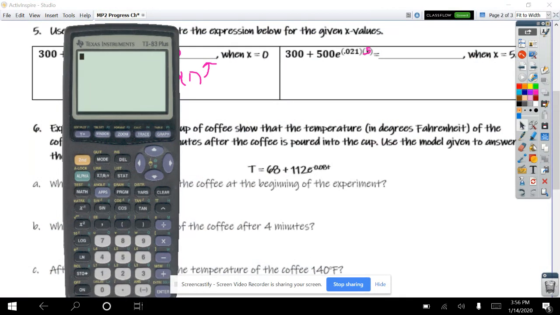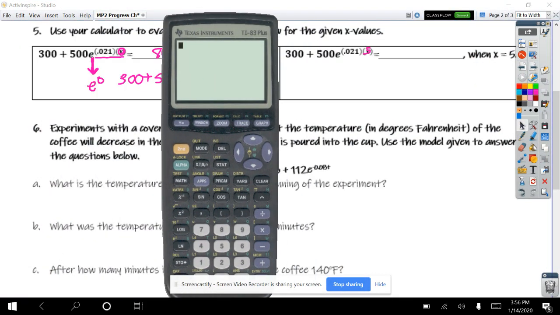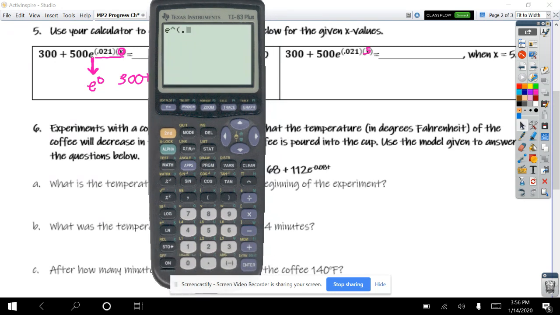So if I do that in a calculator right now, I'm just going to do e to the 0.021 times 5.